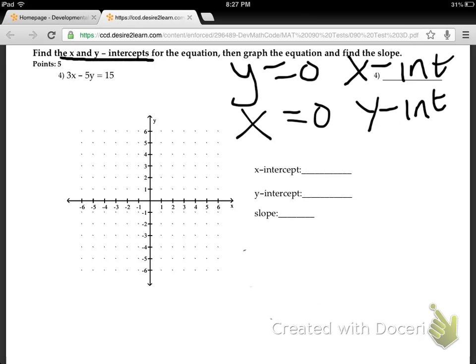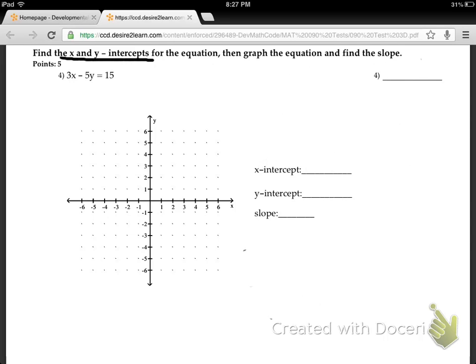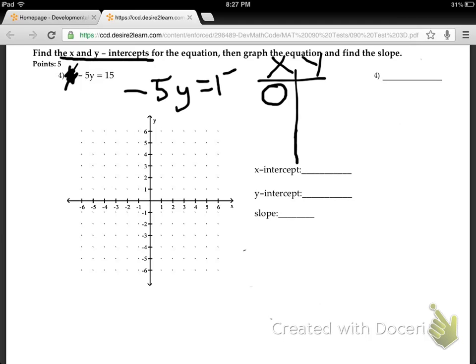Right, let's have a look. Let's get rid of all this. So you can do this little table if you want to. X and y. So when x is 0, let's have a look at this. I'm going to say that is not there. Let's put line of x is 0, that's gone. I'm left with negative 5y equals 15.